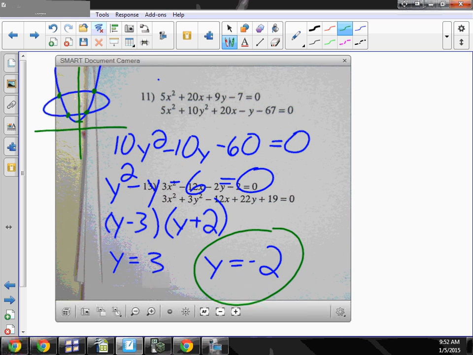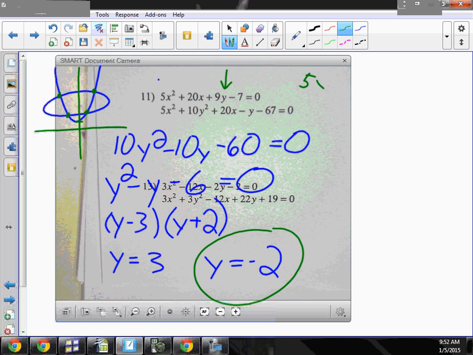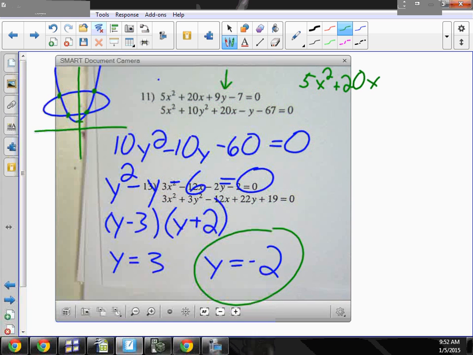The bottom will still work. In fact, it'll give you the exact same equation. So I'm going to put negative 2 in here. And I get 5x squared plus 20x, 9 times negative 2, minus 7. It doesn't matter.